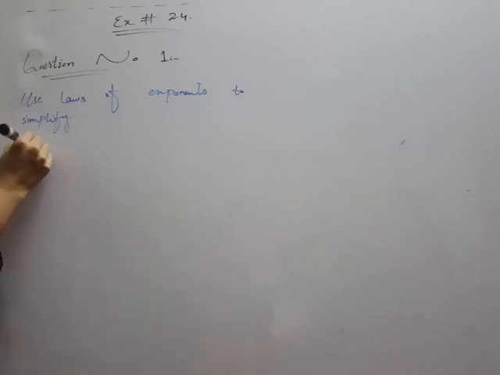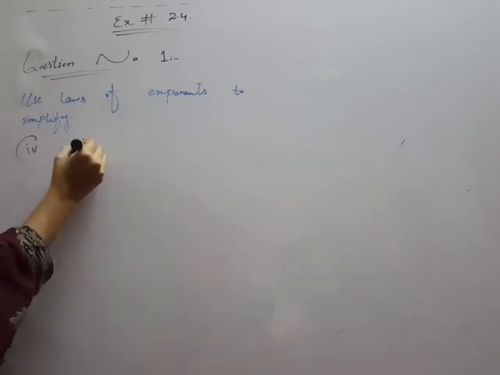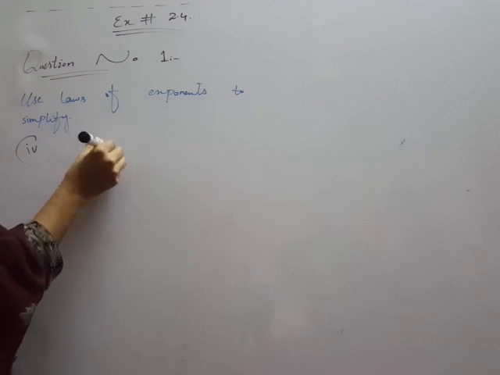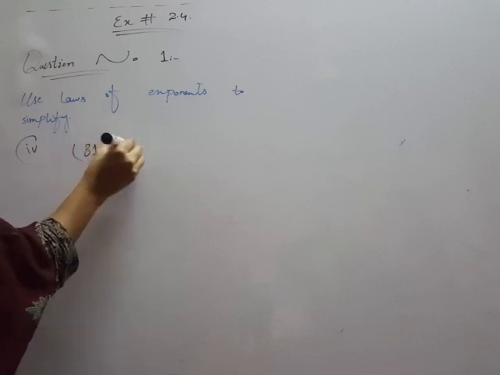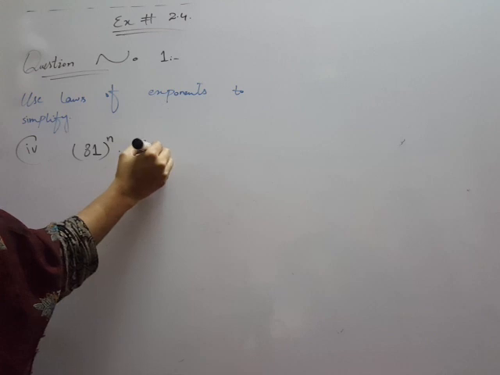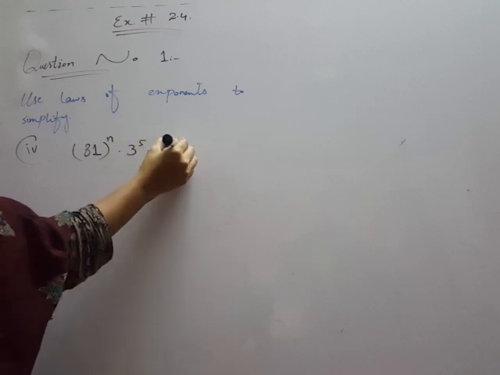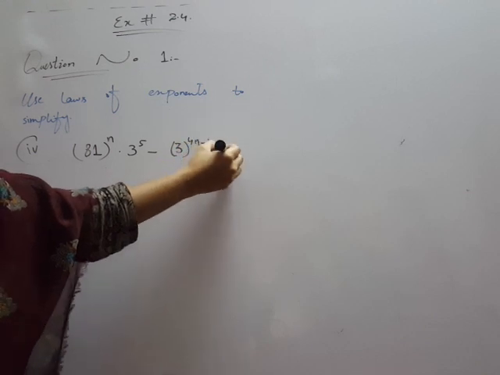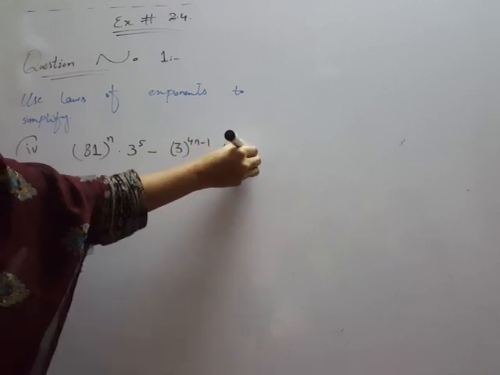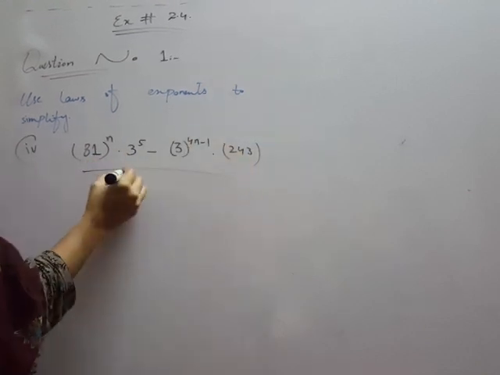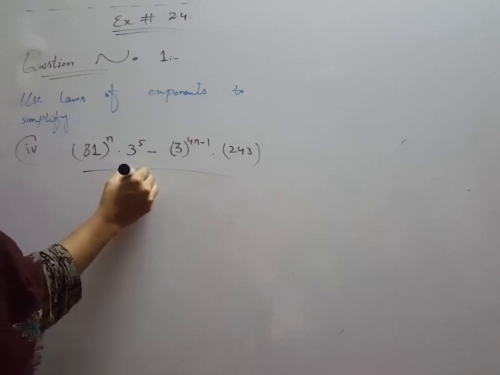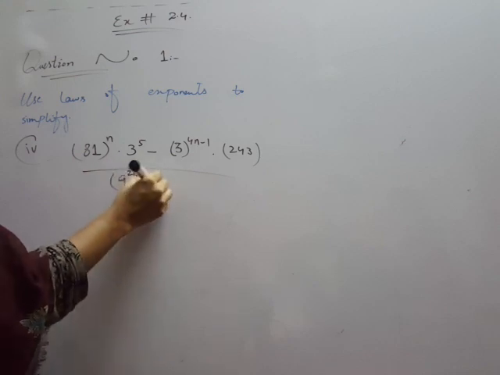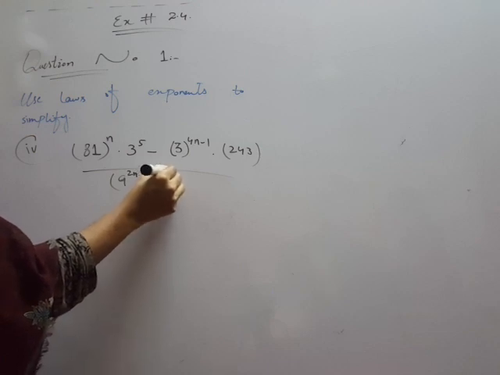Now we will move toward the fourth part, and the fourth part is 81 raised to power n, 3 raised to power 5, minus 3 raised to power 4n minus 1 into 243, divided by 9 raised to power 2n into 3 raised to power 3.